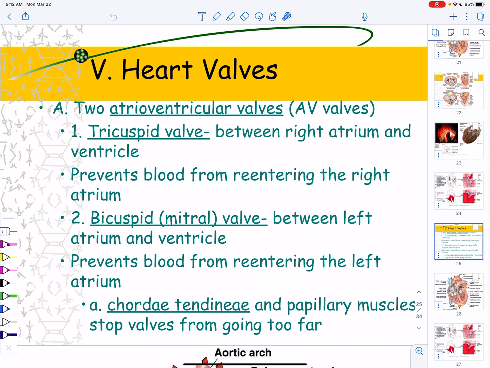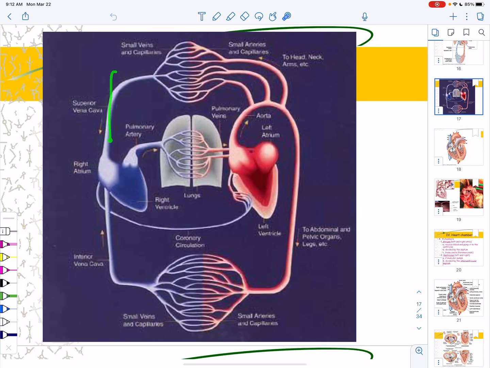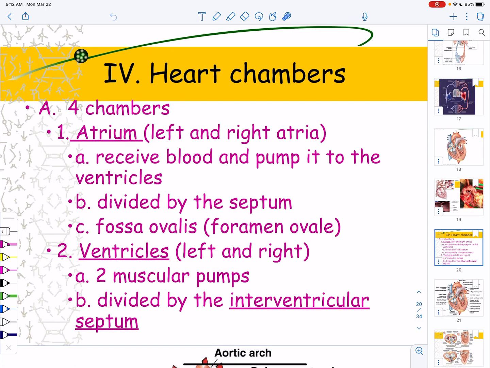No, what we need is the blood to come into the atria, go into the ventricle, and then go to the lungs. Or we need the blood to come into the atrium, go into the ventricle, and then go to the rest of the body. We do not want it going back into the atria. Okay, so blood flow is a one-way thing. All right.